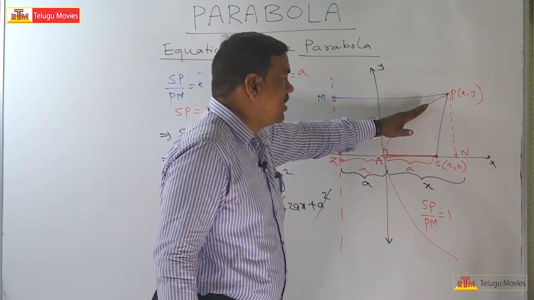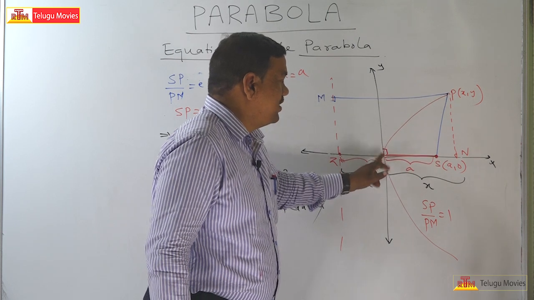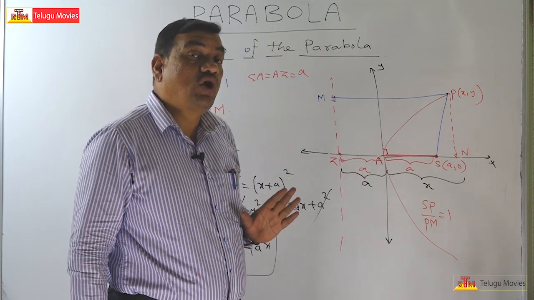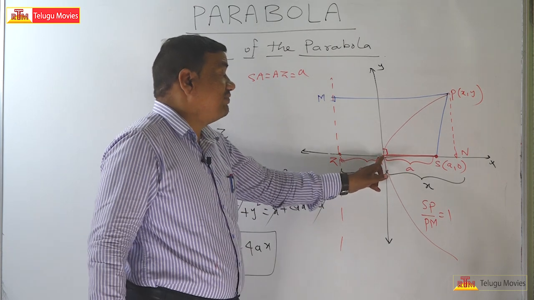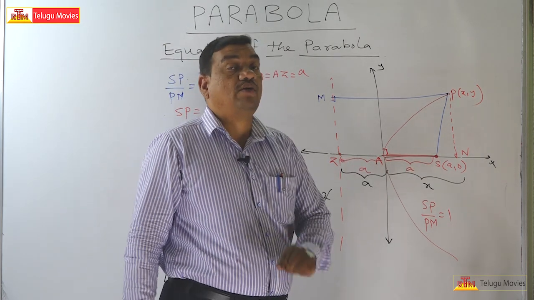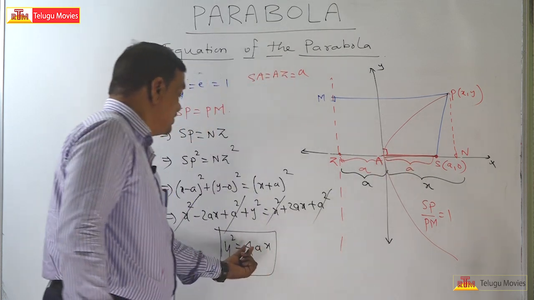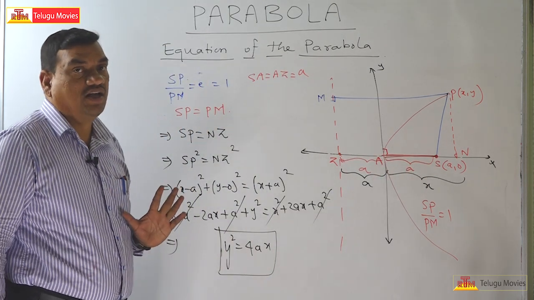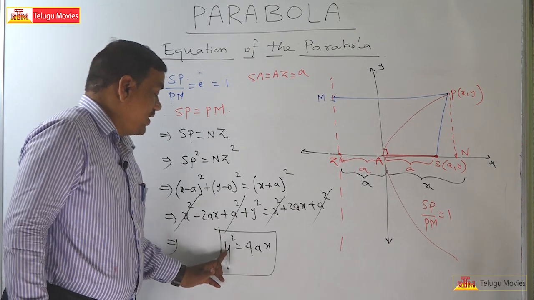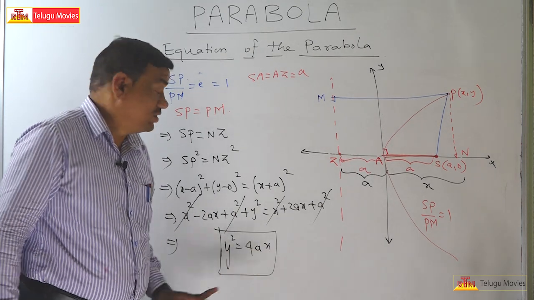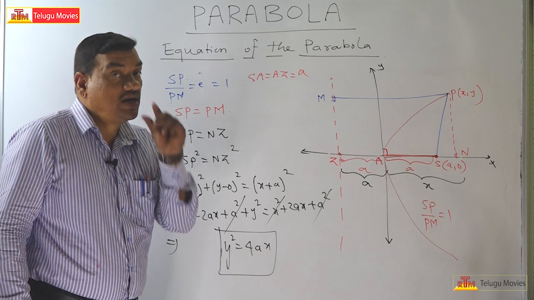That point of intersection is called the vertex. So the distance between the vertex and the fixed point, that is the focus, is equal to a. You should remember this clearly, because x and y are variables, 4 is a constant. What is a?